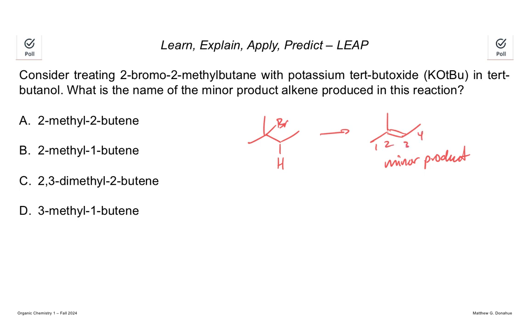So the alkene now starts at position 2, so this would be a 2-butene. We still have that methyl group at position 2, so 2-methyl-2-butene. Choice A.